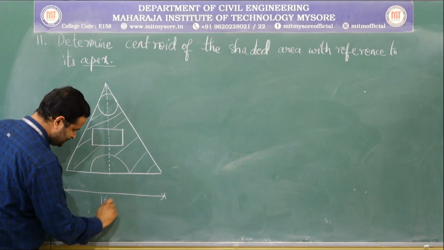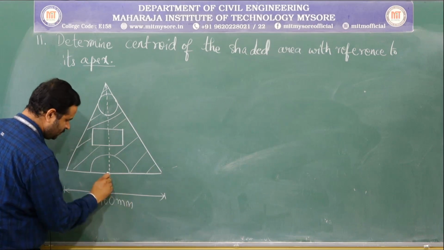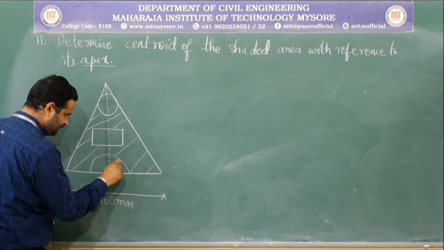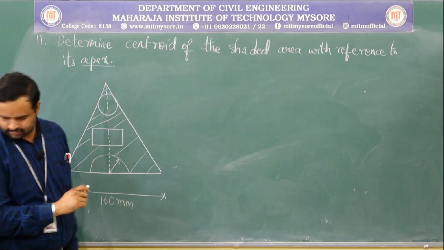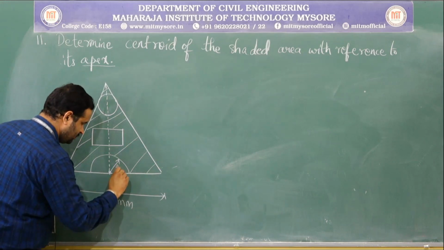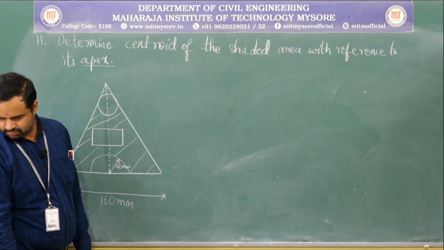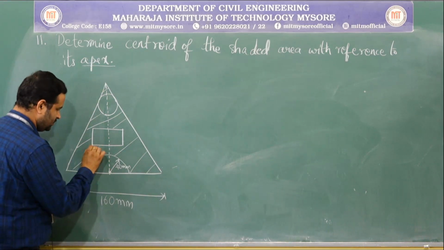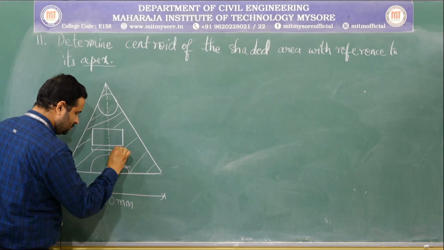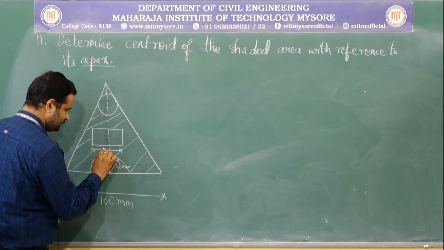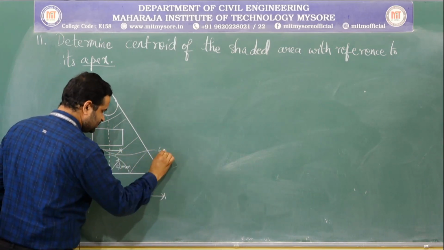It is 160 mm. The radius of this semicircle is 40 mm, and this dimension is 60 mm.